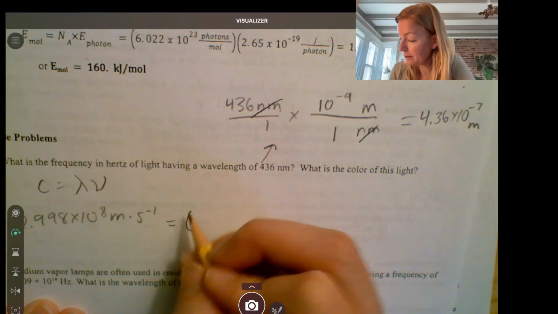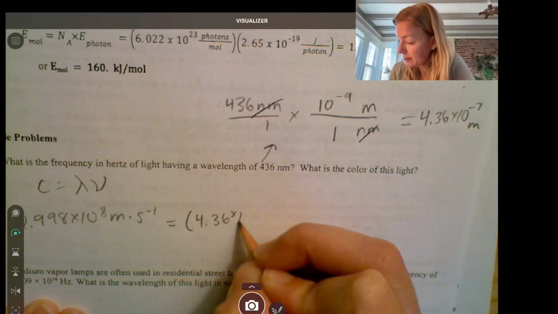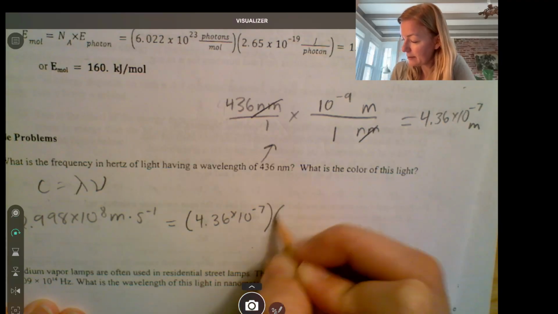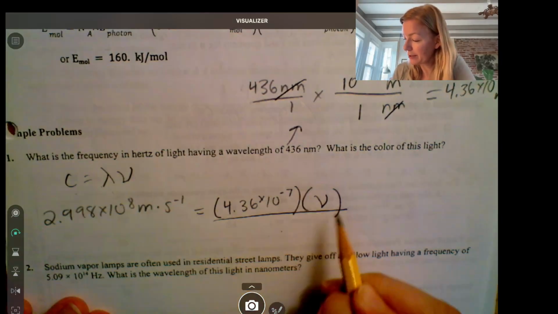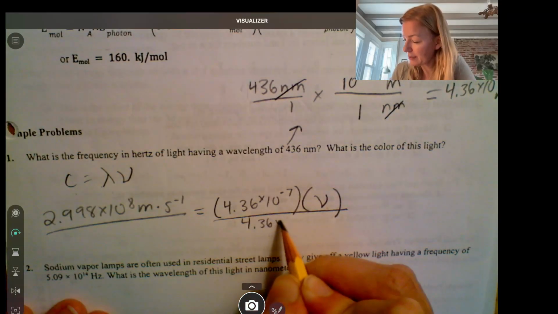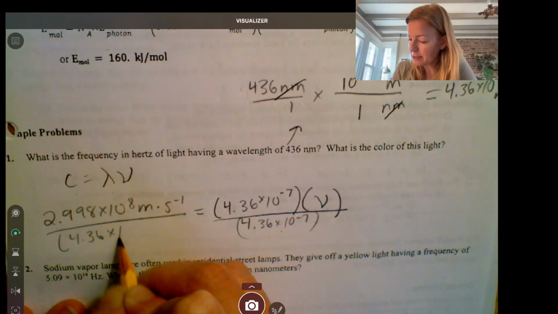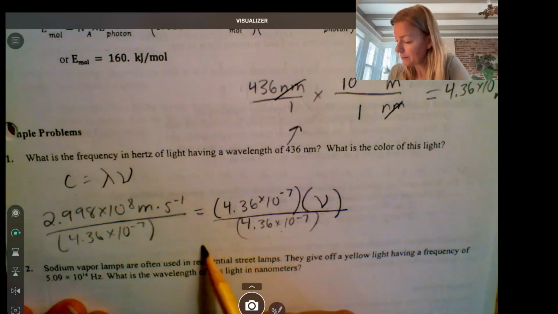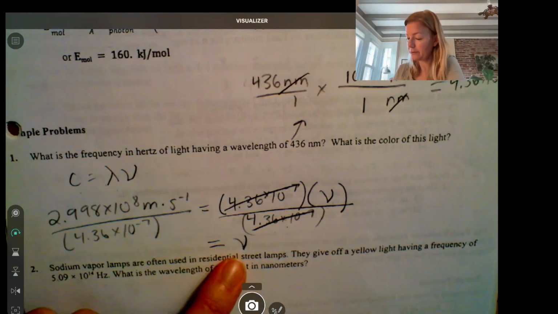So the wavelength, lambda, 4.36 times 10 to the -7th, times frequency. To solve for frequency, we've got to isolate the variable, so divide both sides by 4.36 times 10 to the -7th meters. Bring down your equal sign. This side simplifies to nu, or frequency.